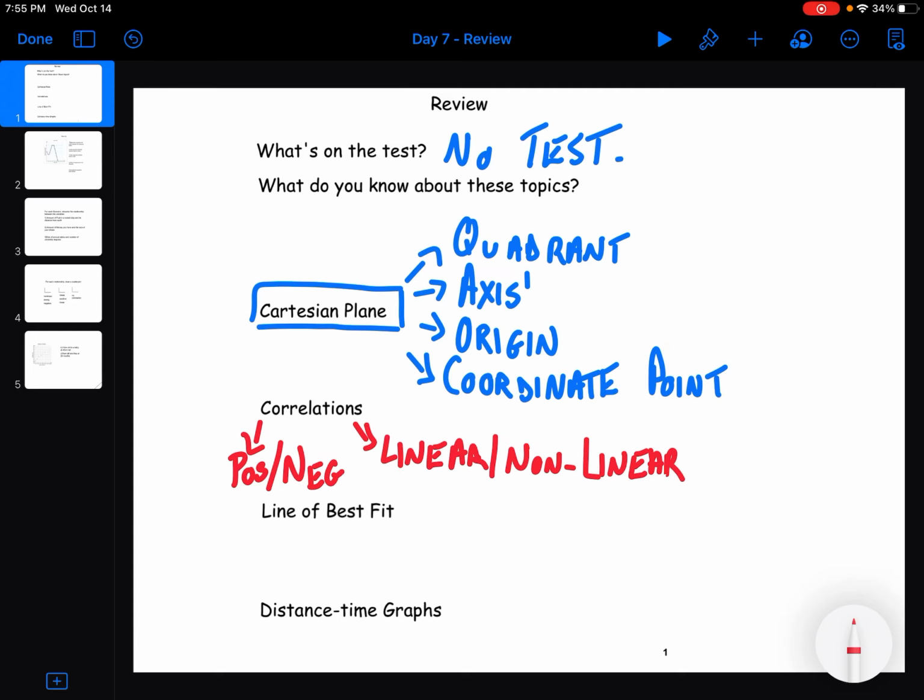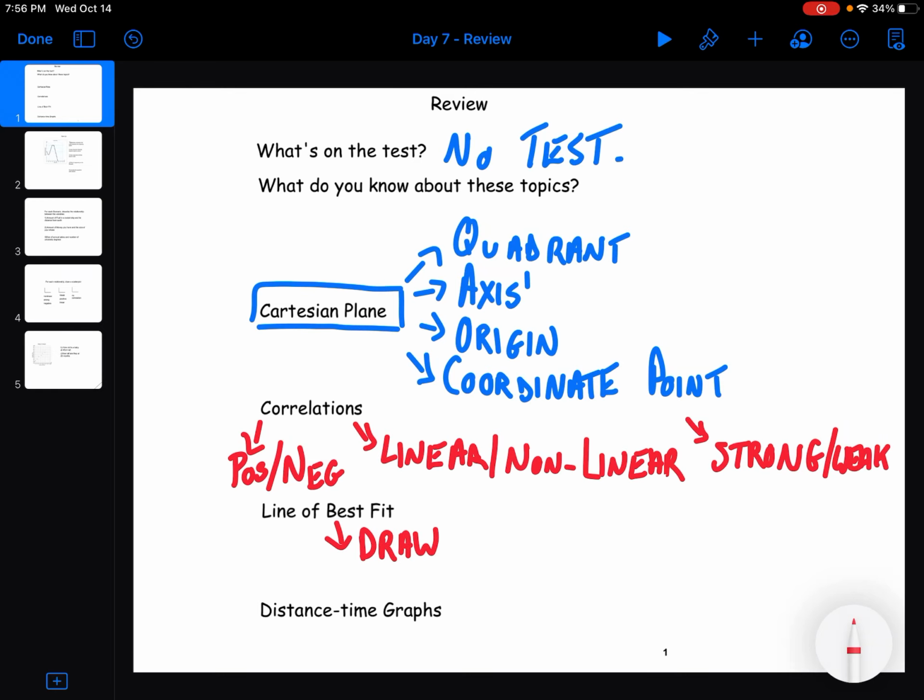Line of best fit. You should be able to say whether it's positive or negative, strong or weak. And then line of best fit, you should be able to draw one.